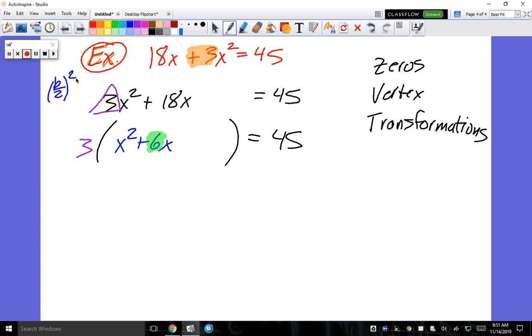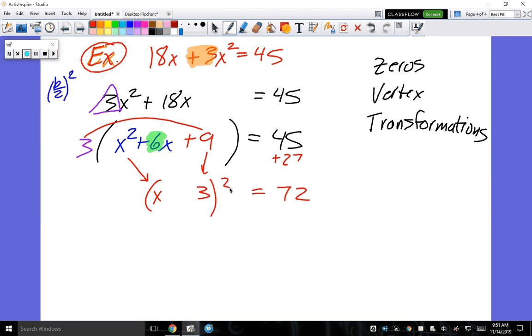Completing the square. So 6 divided by 2 is 3. Squared is 9. So how much am I going to add to the other side? 27 is what I'm going to add to the other side. So I'll get 72. This becomes x. This becomes 3, because you're square rooting them. And borrow that sign. Don't forget about your a value.